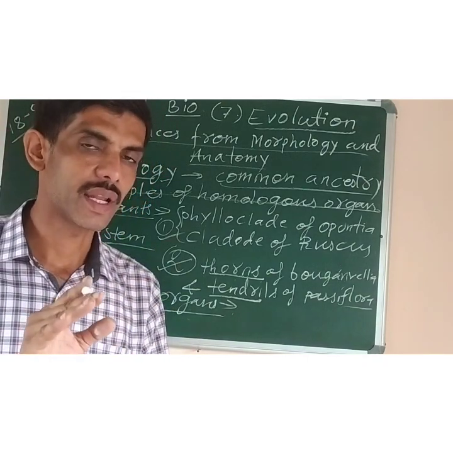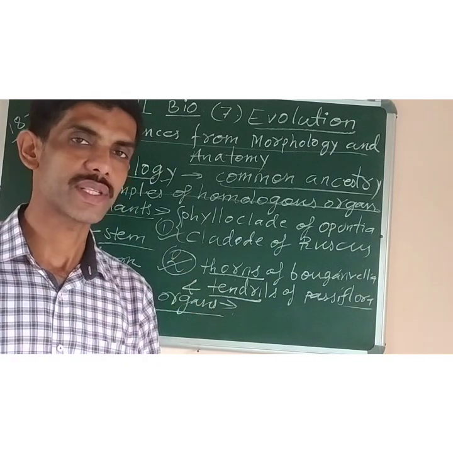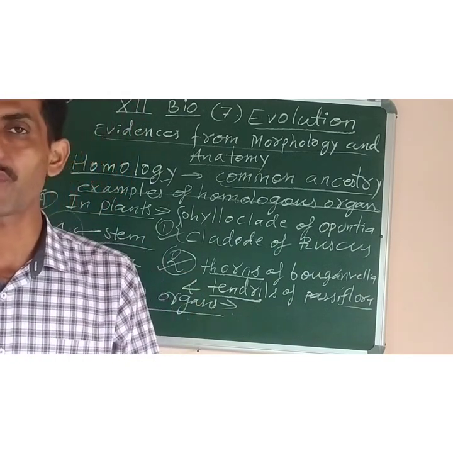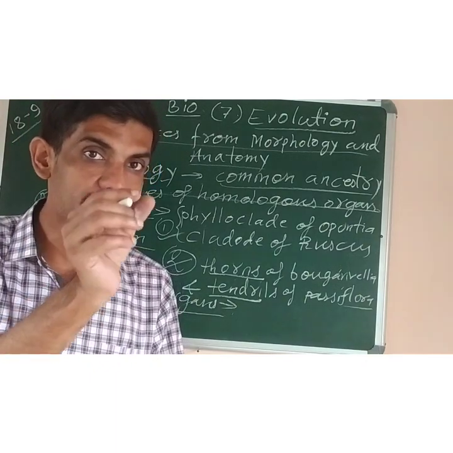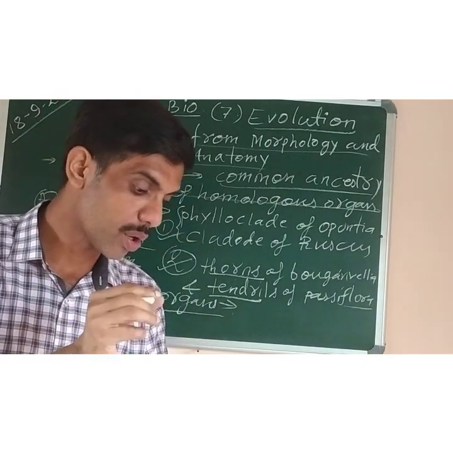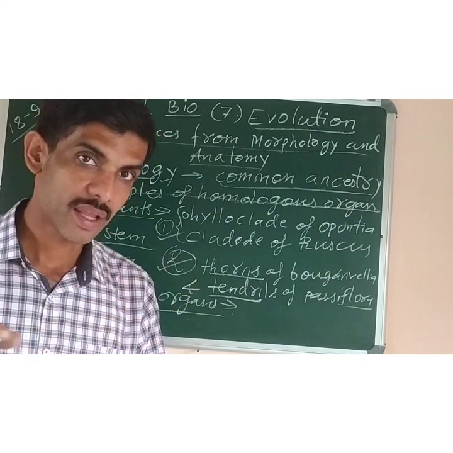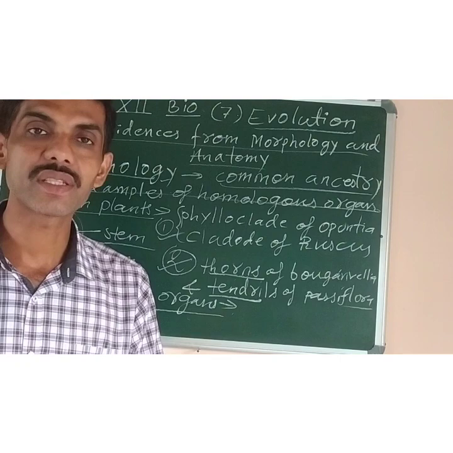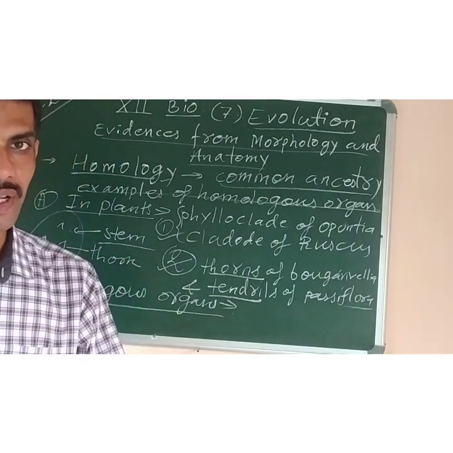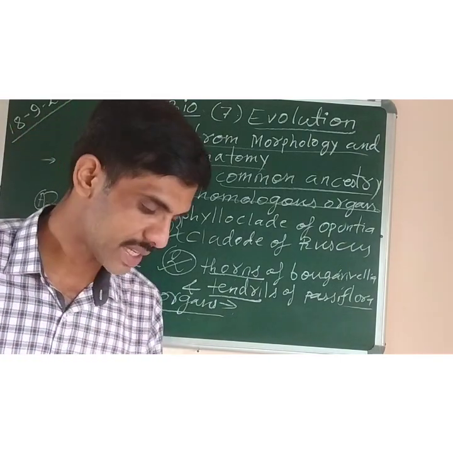It is not functional. In our ancestors it was functional because it is said that we evolved from apes. So apes were our ancestors. It means they had the tail. From that tailbone or the coccyx, the tail will arise. But since we do not have the tail now, it means now it is functionless. But it was functional in our ancestors.